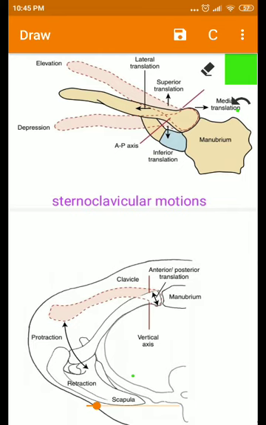During elevation and depression and protraction and retraction, you should visualize whether the lateral end of the clavicle is moving or not.